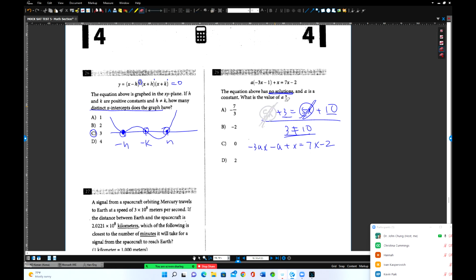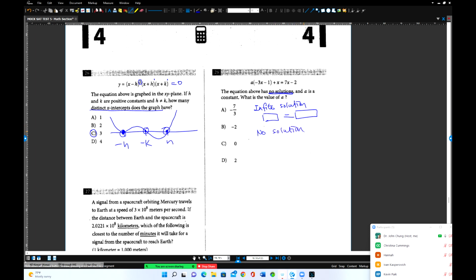Do it this way. I'm going to set up the equation. Formula: infinitely many solutions, both sides of the expression are the same. Always the left-hand side and the right-hand side are the same expression. That's it.